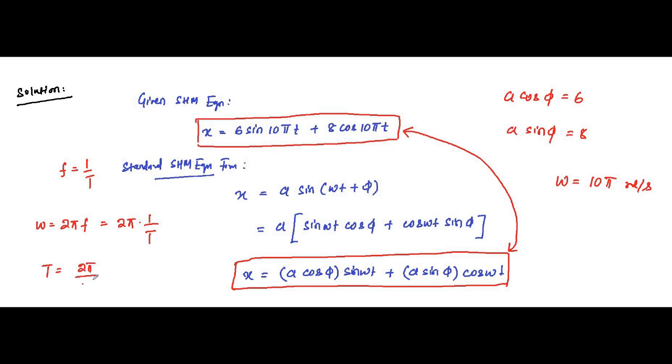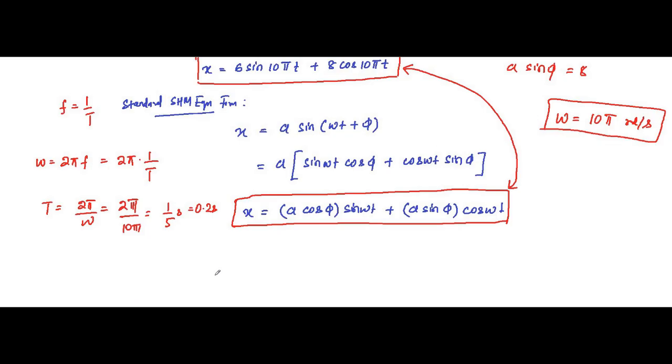If we put omega equal to 10 pi, it will be 2 pi by 10 pi, which is 1 by 5 seconds, that is 0.2 seconds. That is the time period. The first thing which was asked, the time period, is equal to 0.2 seconds.